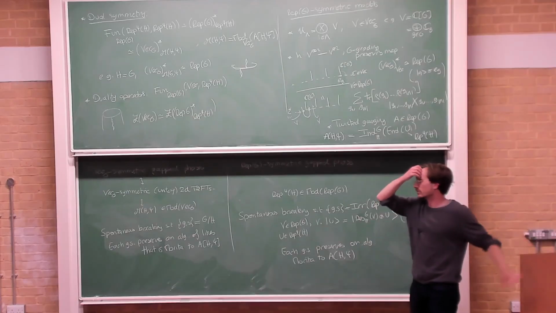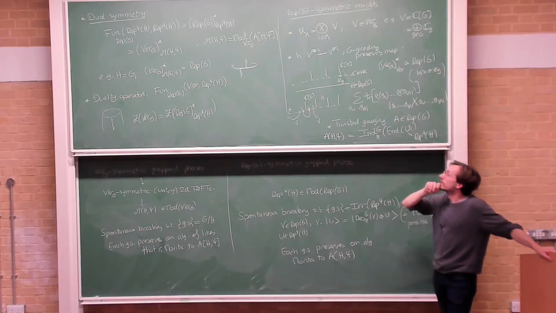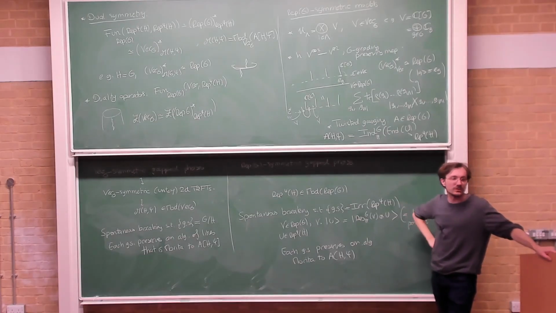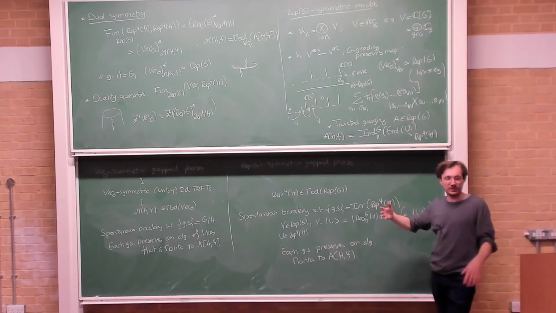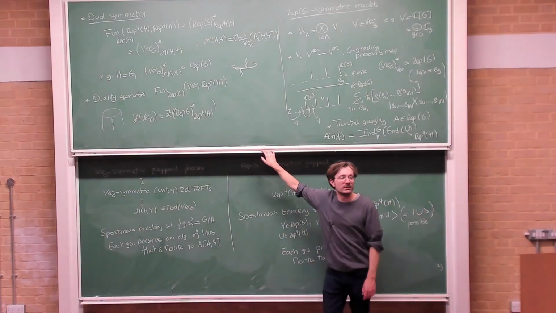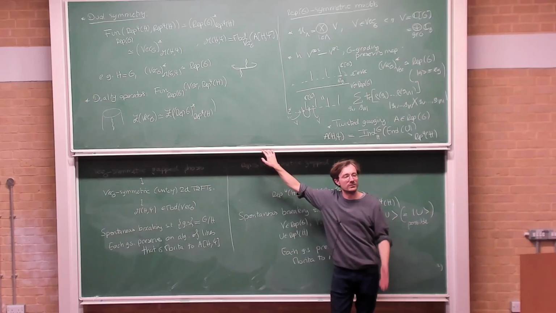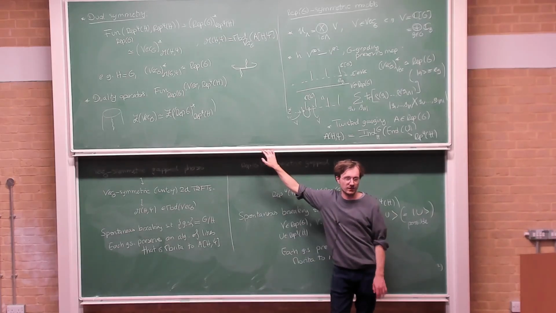You will need to go to superfusion categories, or what you can do also is phrase Jordan-Wigner in this language. You start from a fusion category, but then you take a super module category, and the dual of these would give you something fermionic. So this is how you would get Jordan-Wigner, for instance. But it's under control in the bosonic case. It's speculative in the fermionic case.